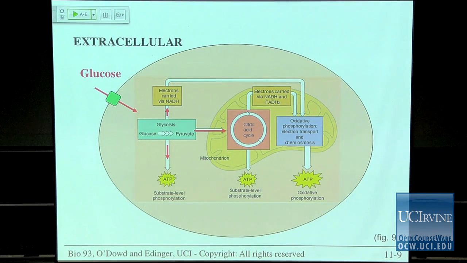But the majority of it is going to be converted into pyruvate, and that is going to be converted into acetyl-CoA, that is then going to enter the citric acid cycle. There we're going to generate many more NADHs and another type of electron carrier, FADH. Both of those are carrying electrons to the electron transport chain that is going to be important in oxidative phosphorylation.